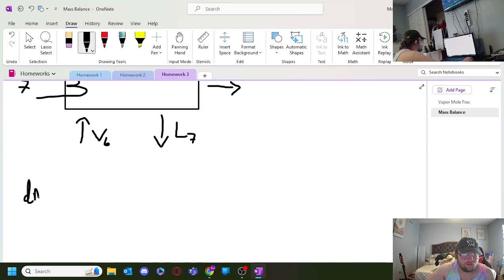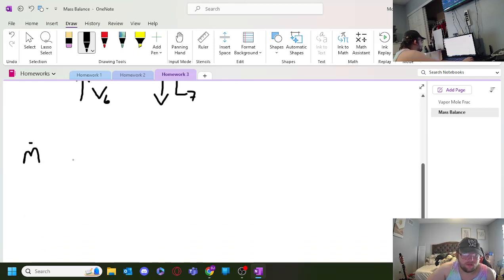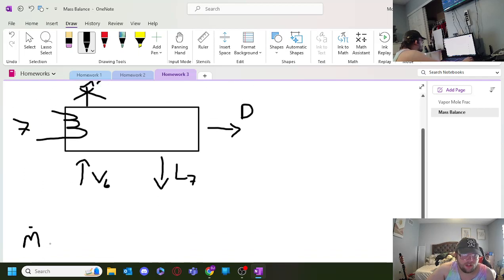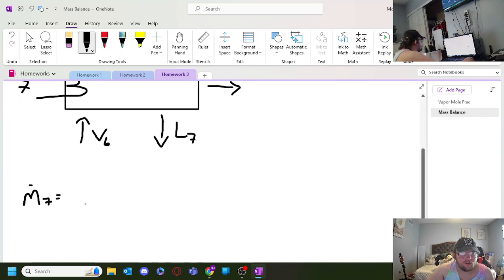So this change in moles of the stage 7 is equal to V6 minus L7 minus the distillate.